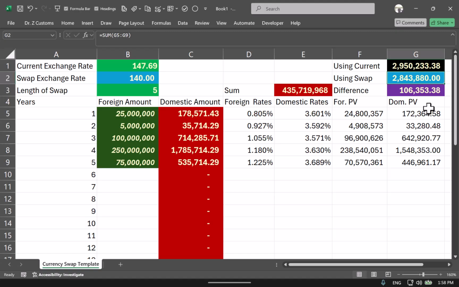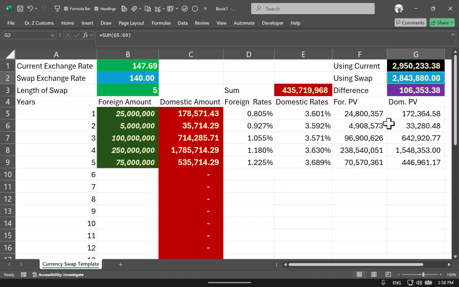Well, using the swap rates, present value of the implied foreign rates is 2843. But if I convert that using the current rates, 2950.